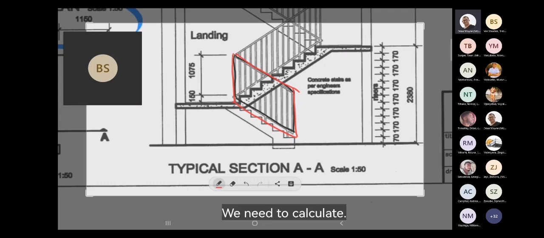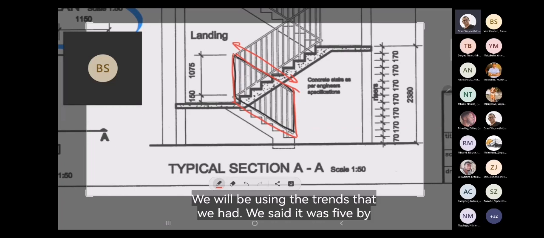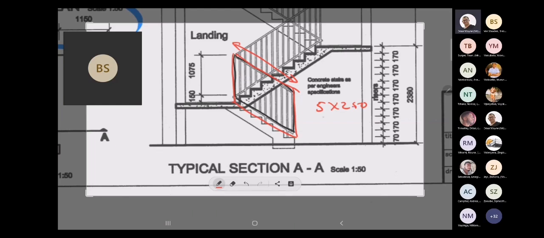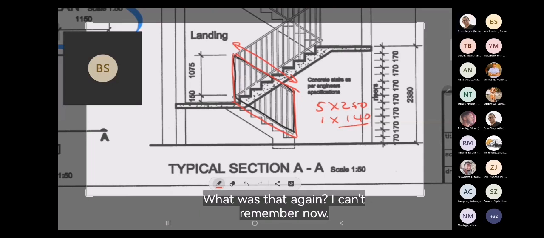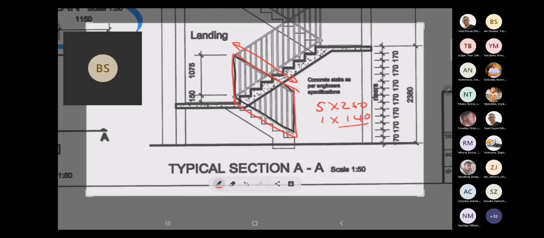We need to calculate that length. And we will be using the treads that we had. We said it was 5 by 250 and 1 by 140, and that gave us, what was that again? I can't remember now. 1390.